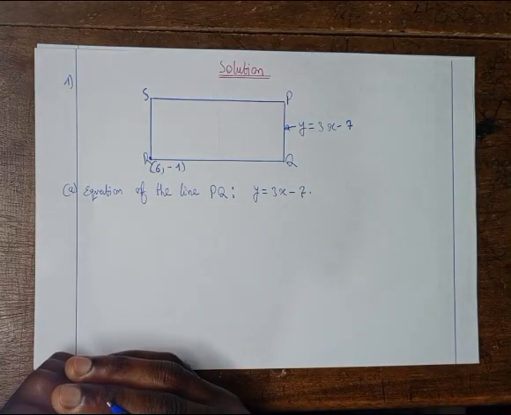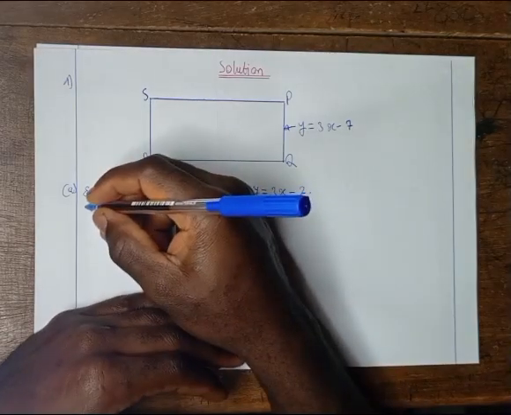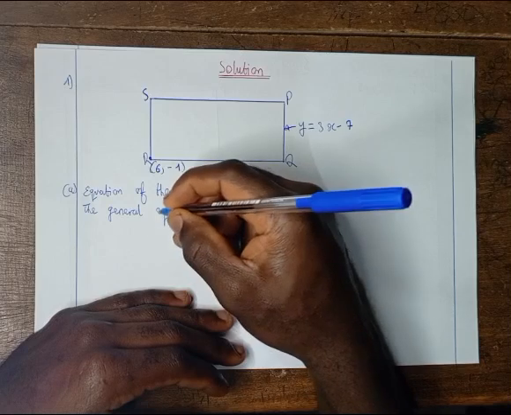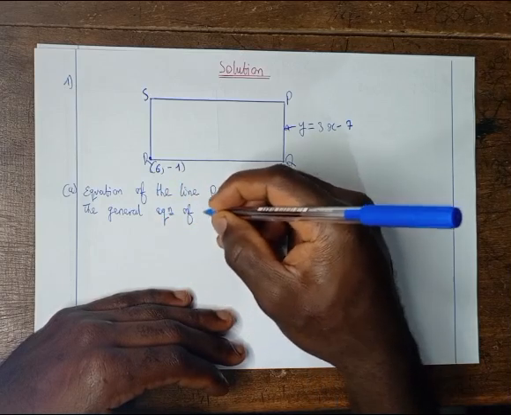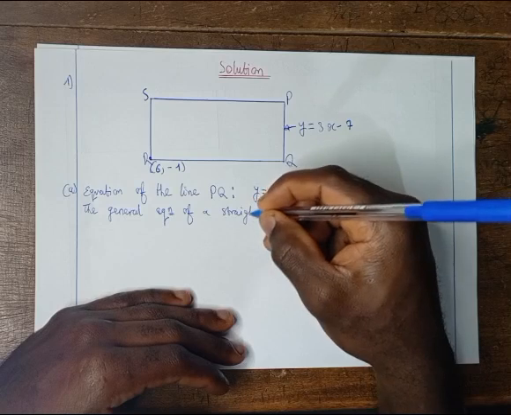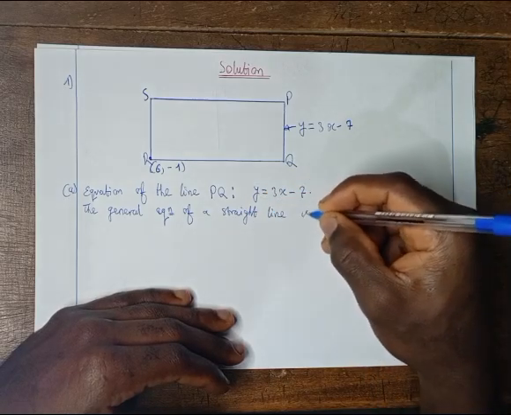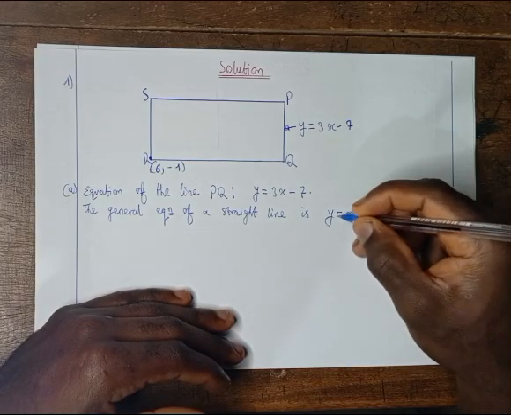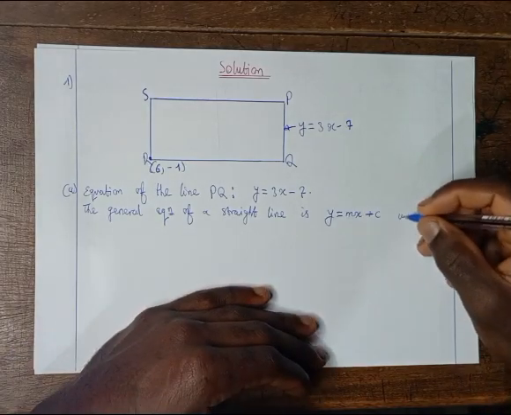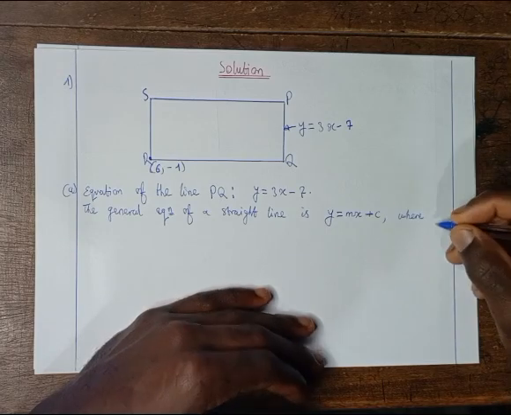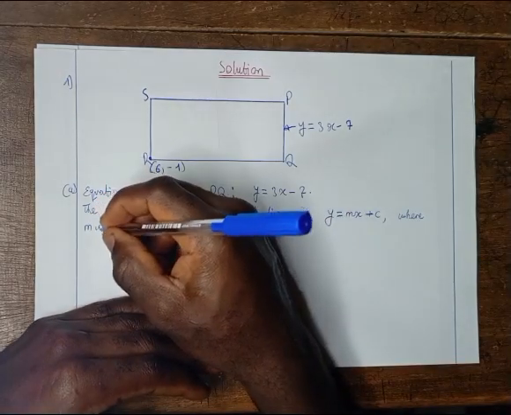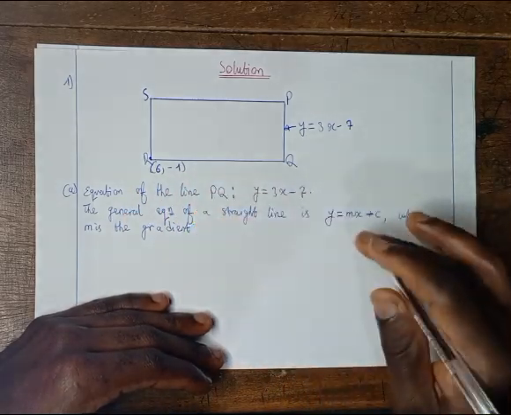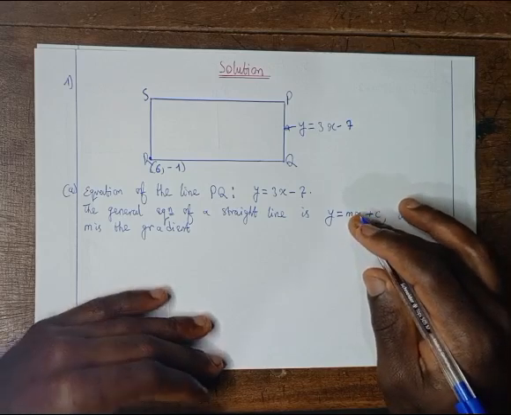Now we know that the general equation of a straight line is y equal to mx plus c, where m is the gradient.